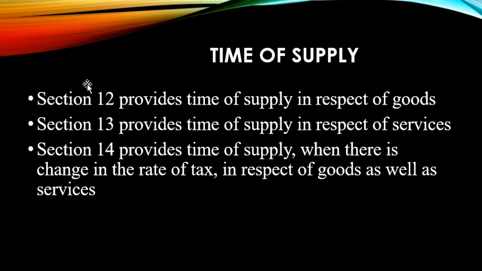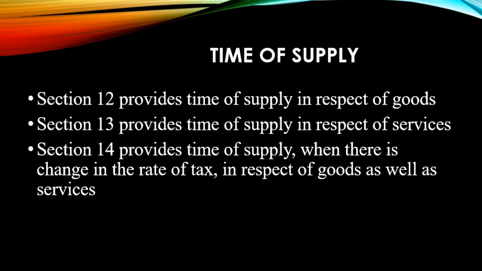Please note down these sections. When time of supply in respect of goods is being made, it comes under section 12. When time of supply in respect of services is made, it comes under section 13. When there is change in rate of tax in respect of goods as well as services, it comes under section 14.